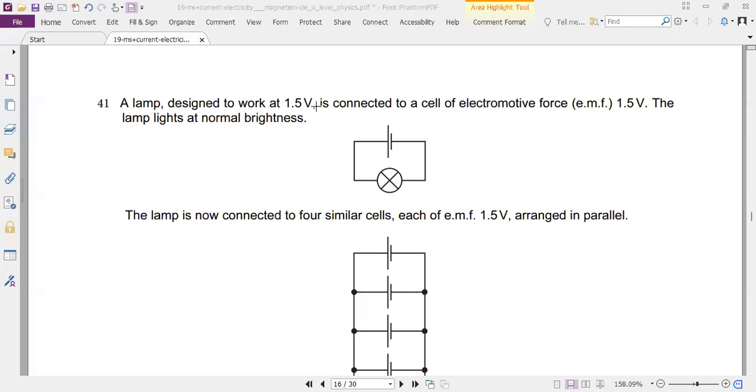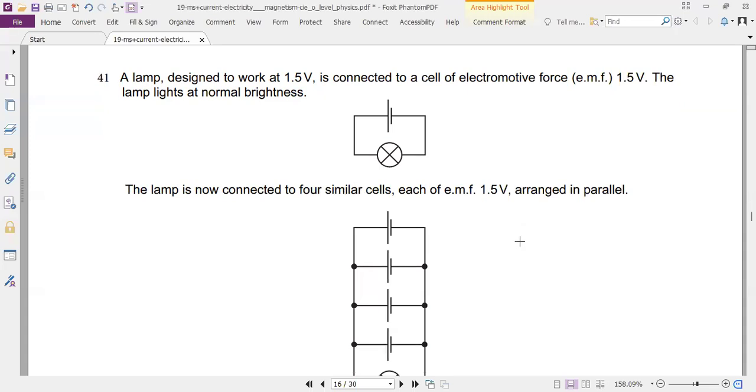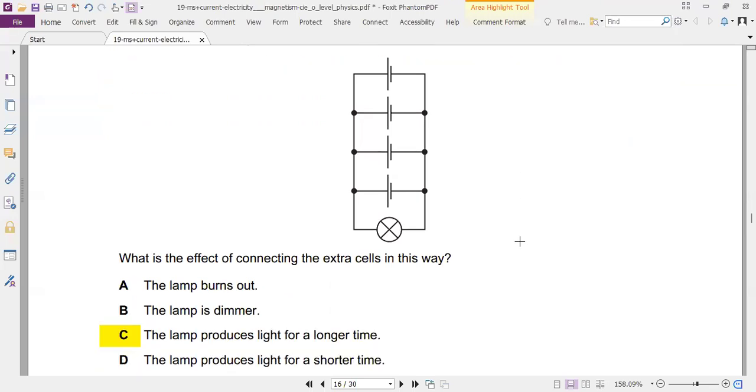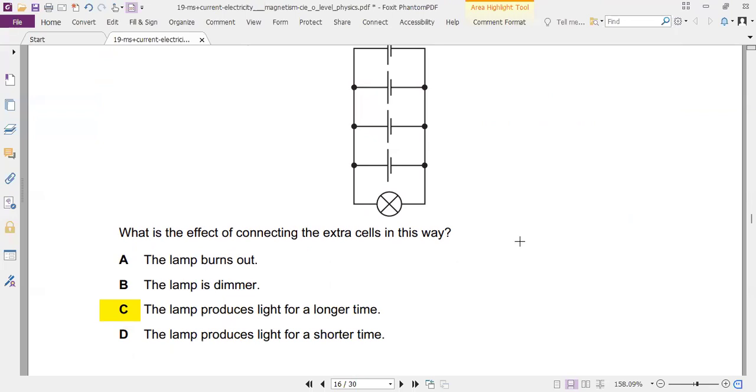So number 41. This is the circuit. The lamp is now connected to 4 similar cells. The effect of connecting extra cells is, well, the lamp will have the same brightness, but it will last longer now.